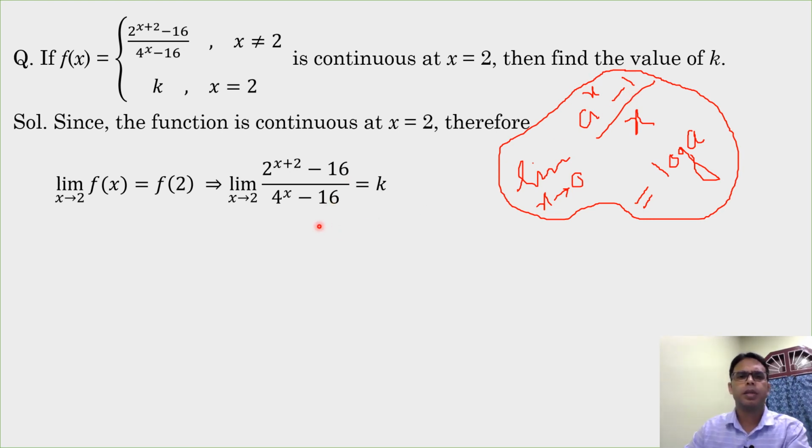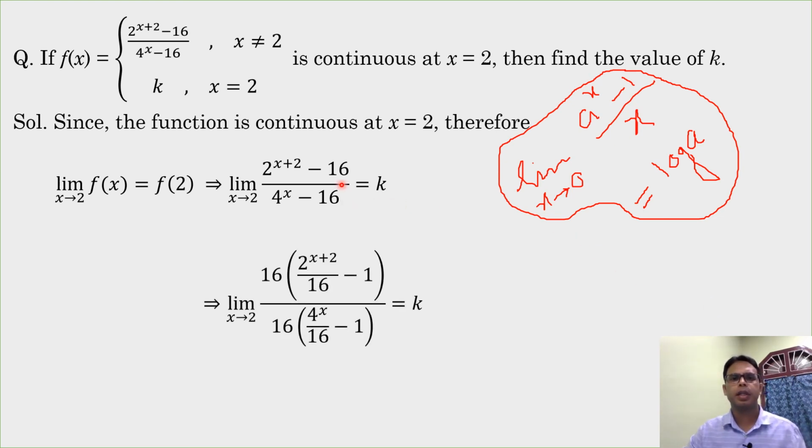So we divide the numerator and the denominator by 16, so that this number becomes 1. I am taking 16 common, so 16 and 16 in the numerator and denominator cancel, and the right hand side is k only.